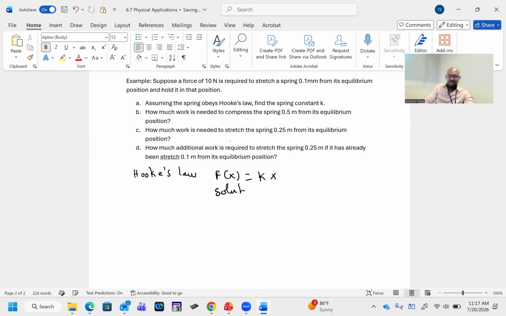So we understand what Hooke's law said, right? The fact that a force of 10 Newton is required to keep the spring stretched at x equal to 1 millimeter.